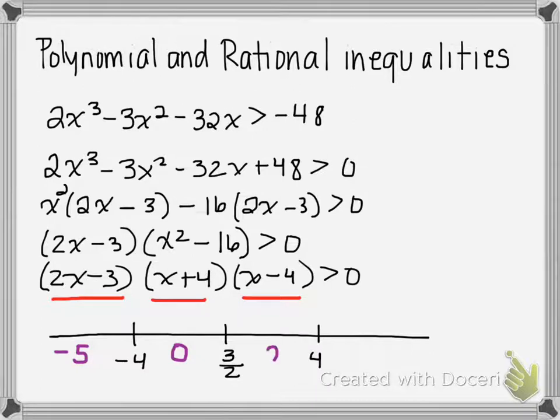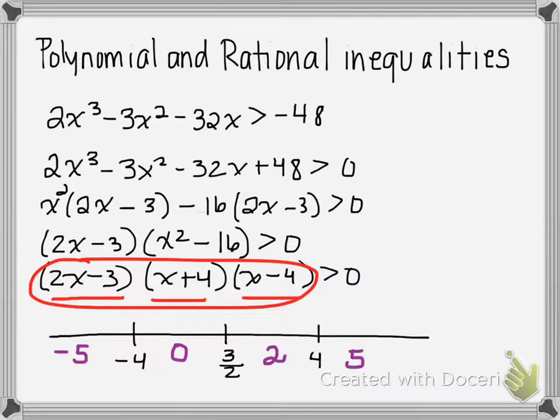Then in the next region, say a 2, and in the next region, say a 5. All I really want to know is what each of these values does when I plug it back into this polynomial. What happens to each of the factors? And I really just need to know the sign.